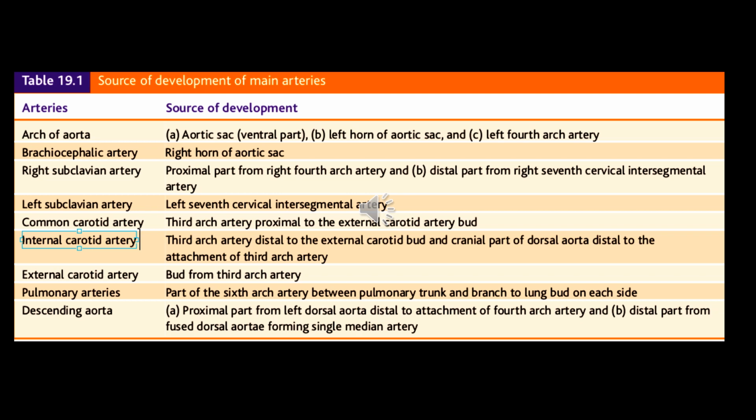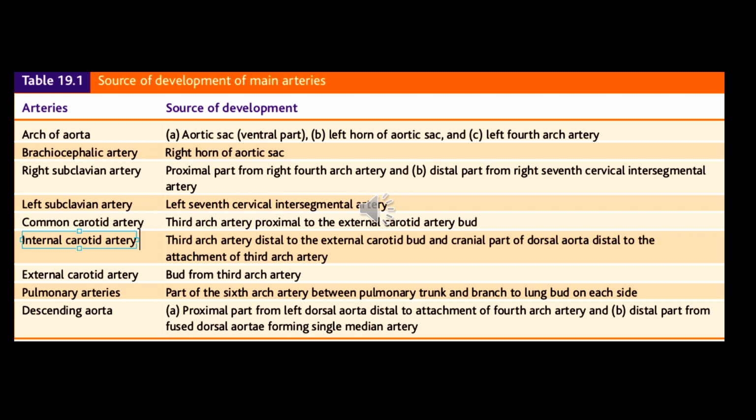Coming to the arch of aorta, it has to come from the aortic sac, that is the ventral part. Then it has to turn to the left, so that means the left horn of the aortic sac, and then the 4th arch artery, which we have not accounted for yet, so the left 4th arch artery, and finally this will give rise to the arch of aorta.